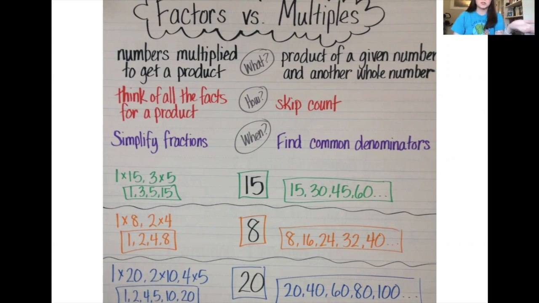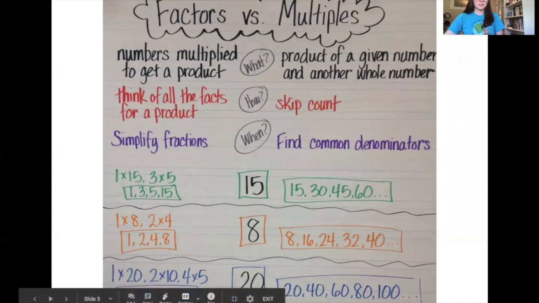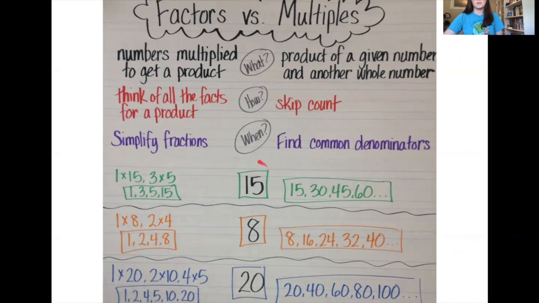A factor, if we look at this anchor chart, is a number that gets multiplied to get a product. Factors are like 1 times 15 and 3 times 5 for the number 15. So if we were to list the factors of 15, we would say 1, 3, 5, 15.